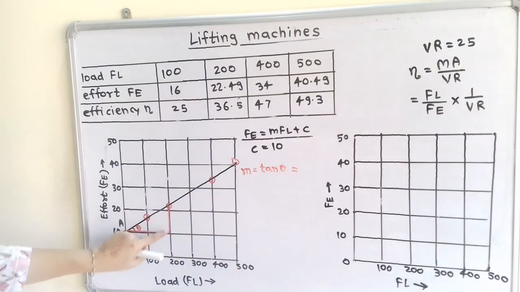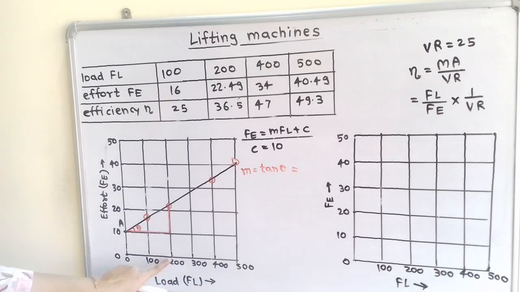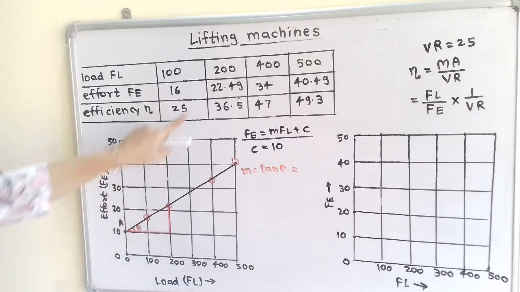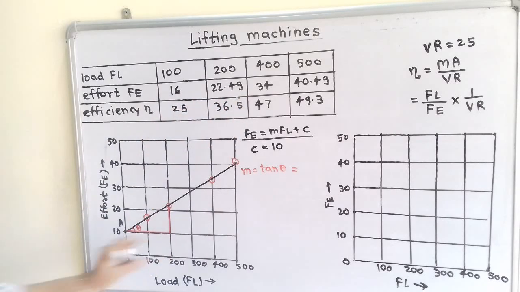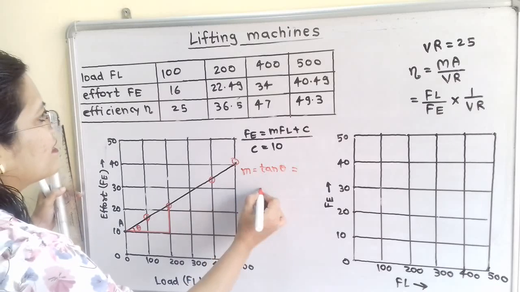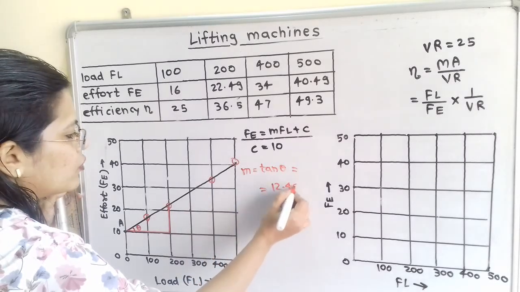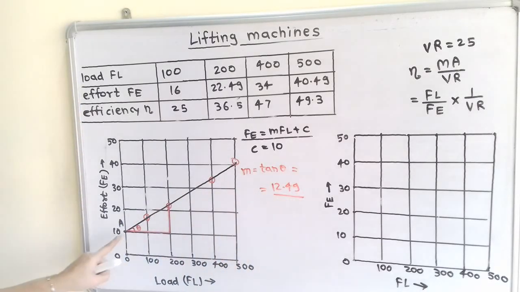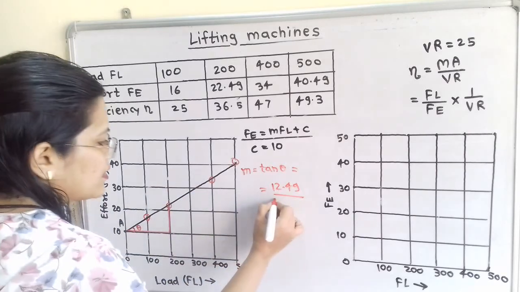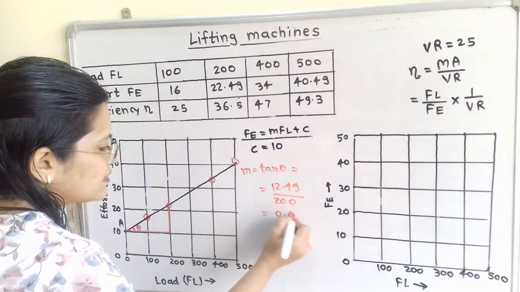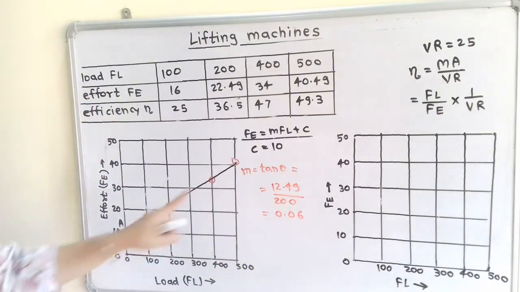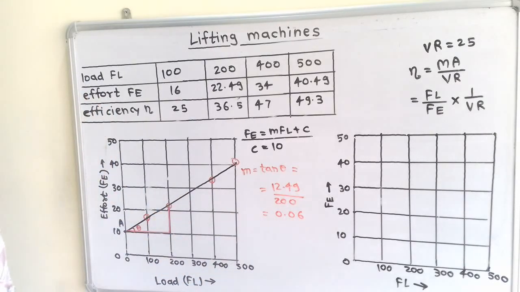What is the length of this vertical line? From 0 up to the total height is 22.49 minus 10. That means the opposite side is 12.49 divided by the nearby side. This horizontal line length is from 0 to 200. When we solve this, we get the answer 0.06. So the value of M is equal to 0.06.